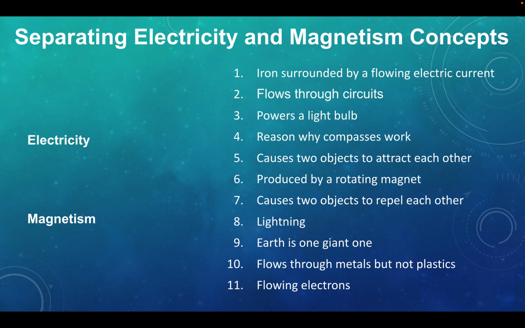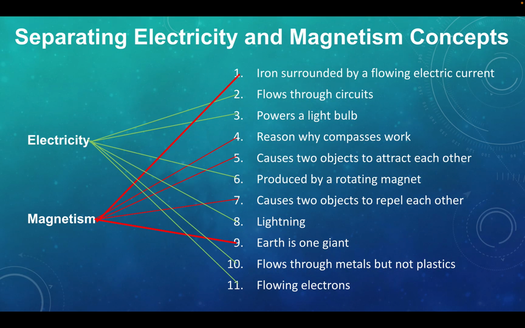Here are the answers. Again, I will give you some time in Engagely to check them and add them to your notes. So electricity applies to 2, 3, 6, 8, 10, and 11. That is, electricity flows through circuits, not magnetism. Electricity powers a light bulb. Electricity is produced by a rotating magnet.